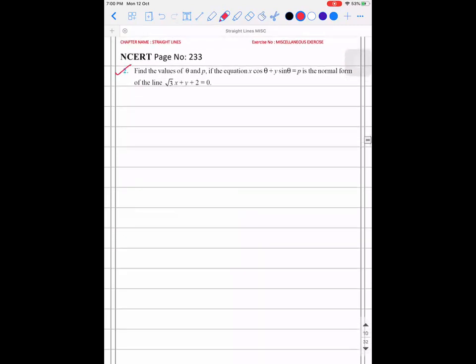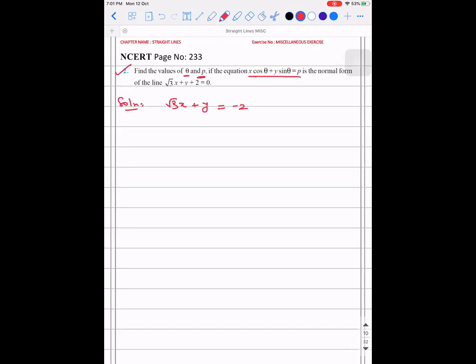Now tell me. Find the value of theta and p if the equation x cos theta plus y sin theta equals p is the normal form of the line root 3x plus y plus 2 is equal to 0. So how will you convert a given line into a normal form? Root 3x plus y. First you have to take the constant to the other side.